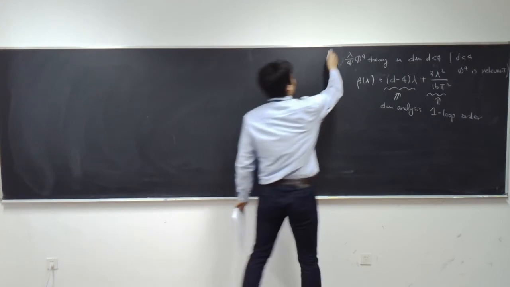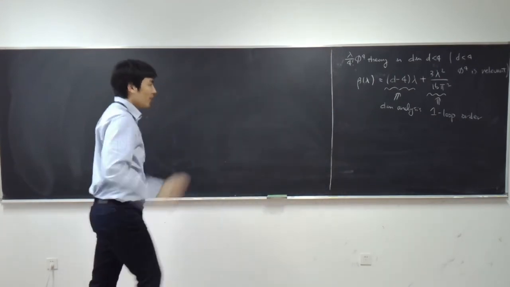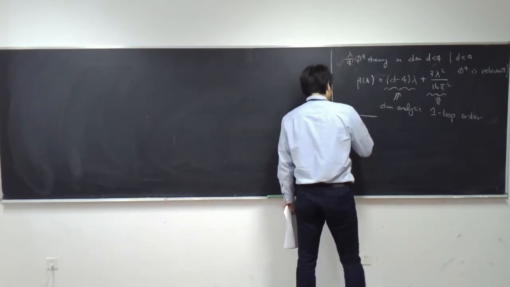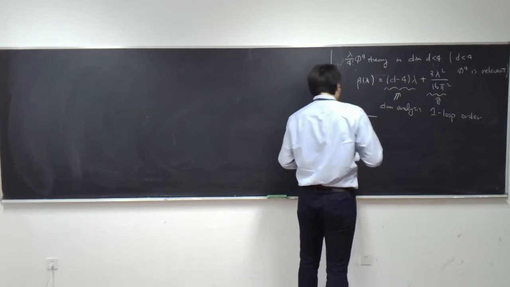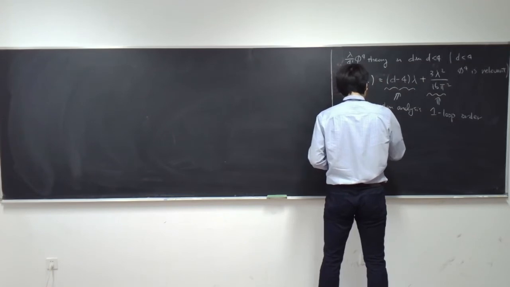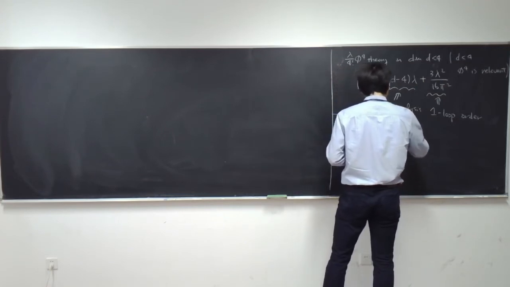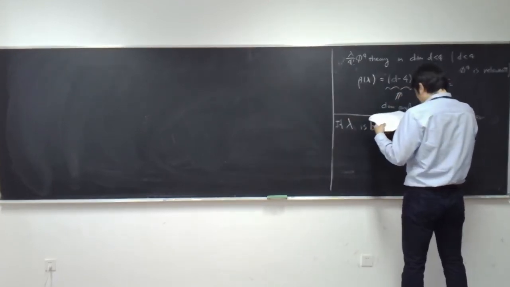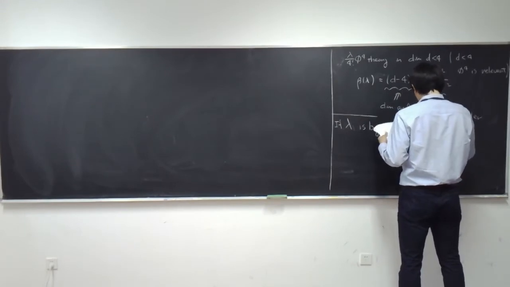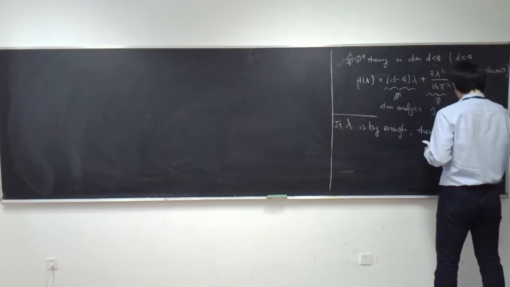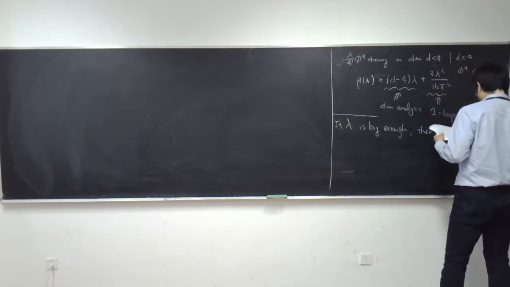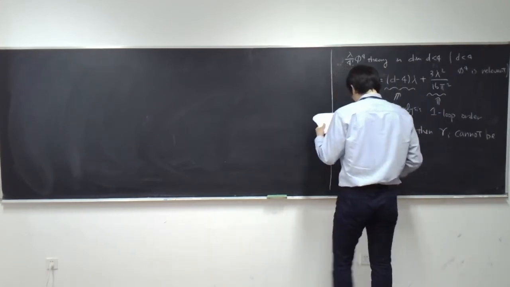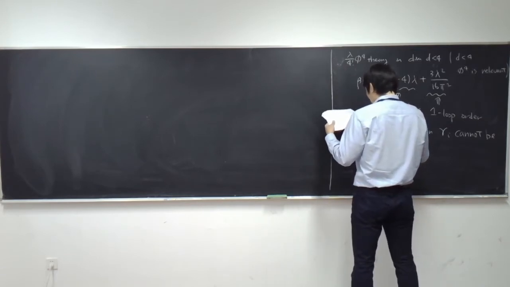Phi-four theory, if lambda is big enough, then gamma_i cannot be neglected in this equation.